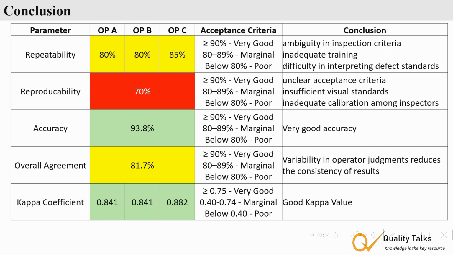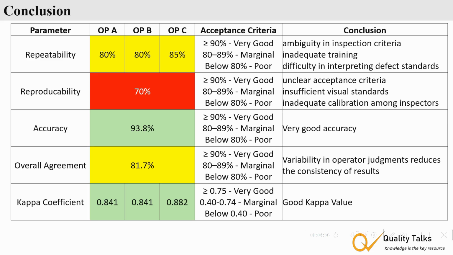Accuracy is 93.8%. It's very good. Overall agreement is 81.7%. So it's in marginal criteria. It may be because of the variability in operator judgments. If we see the Kappa coefficient, as per the acceptance criteria, all three Kappa coefficients for operator A, operator B and operator C are coming very good.